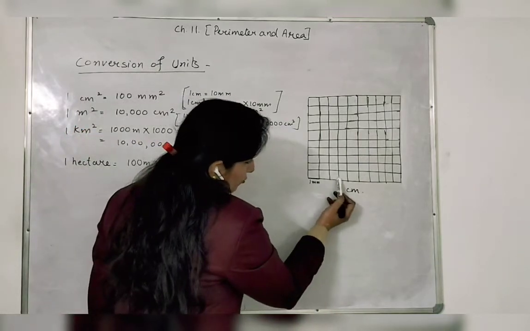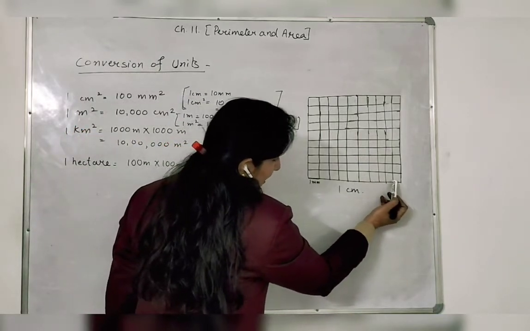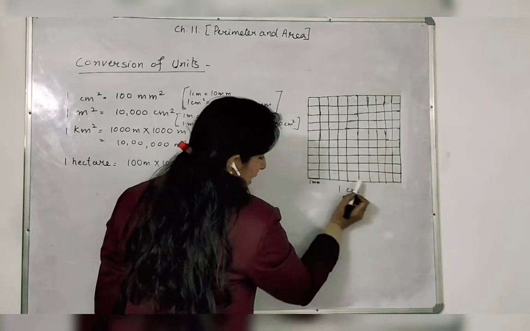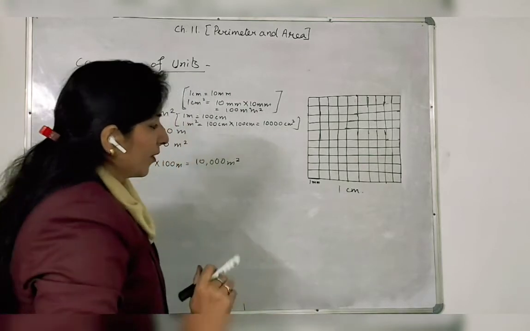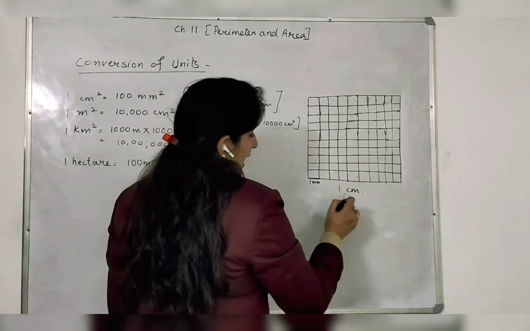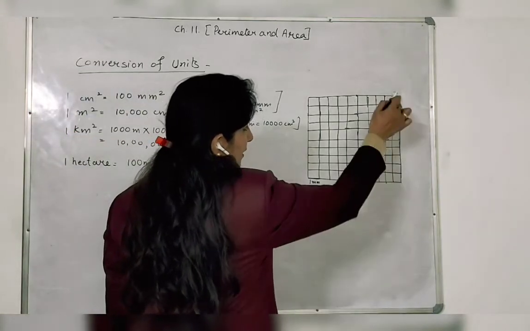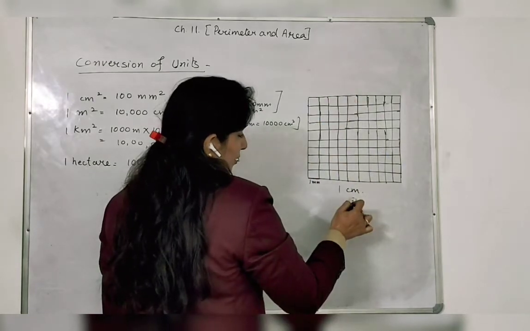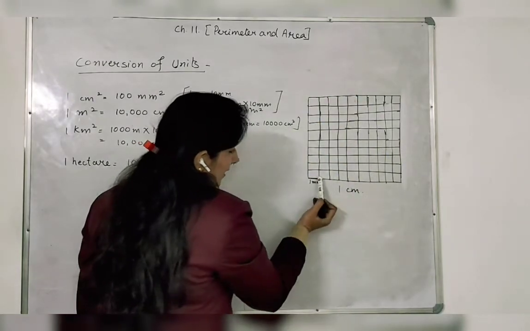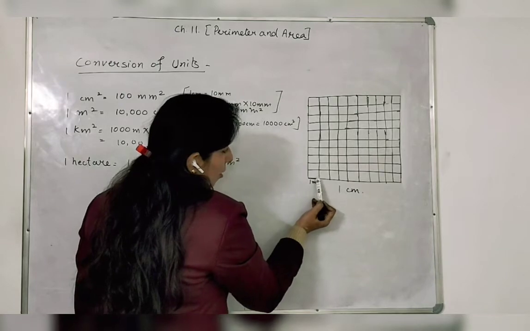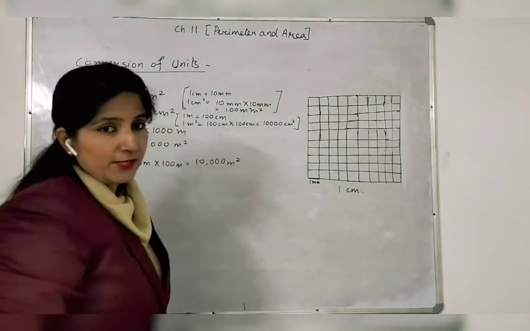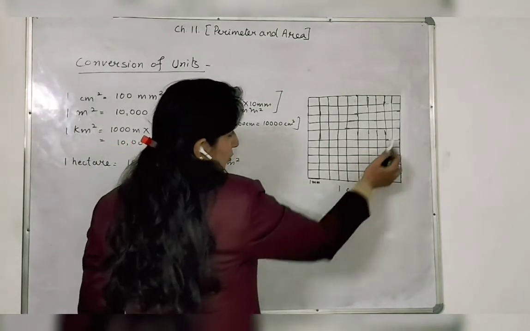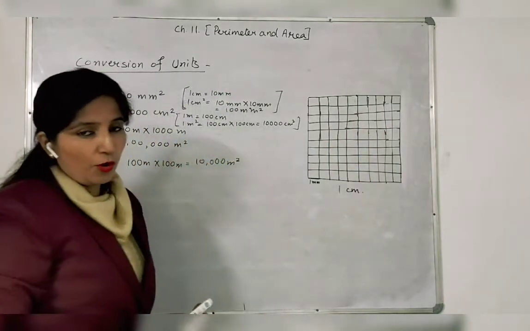That is 1, 2, 3, 4, 5, 6, 7, 8, 9, 10. So this 1 centimeter side is divided into 10 millimeters. Now you can see I have constructed a complete square of side 1 centimeter, and inside that there are smaller squares of 1 millimeter size. How many total squares are there? There are 100 smaller squares.